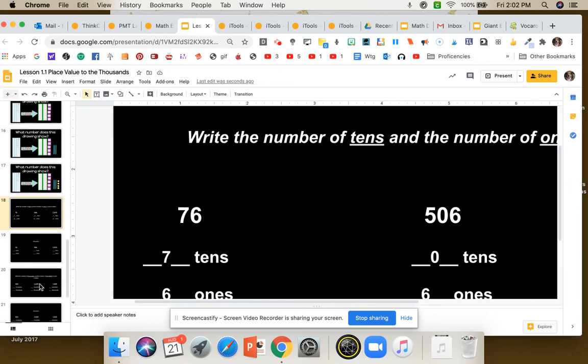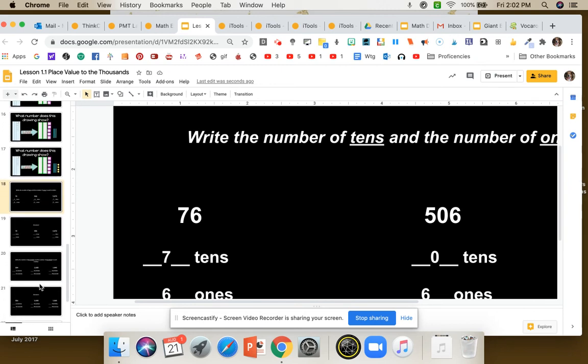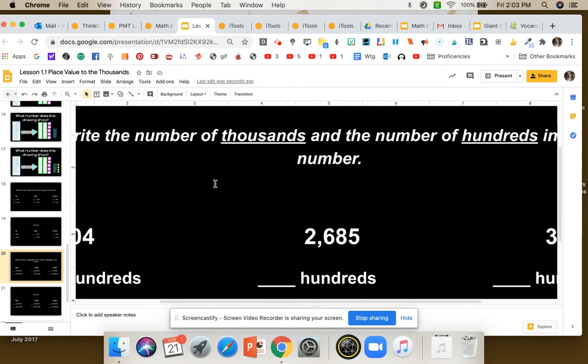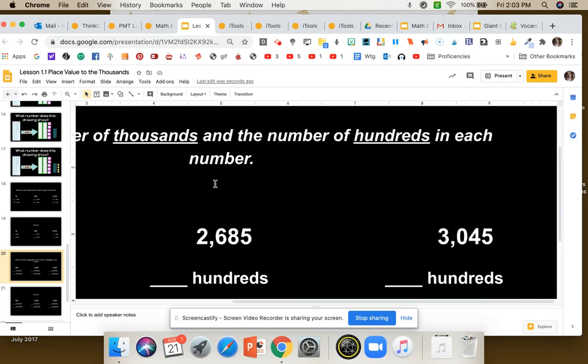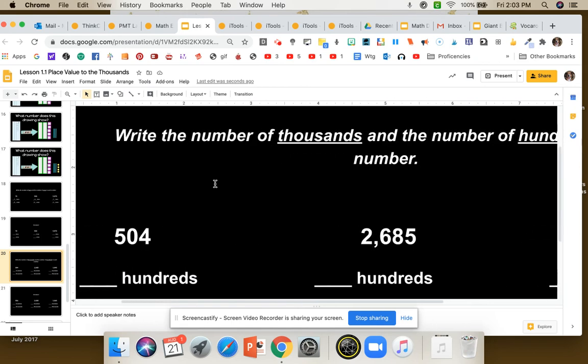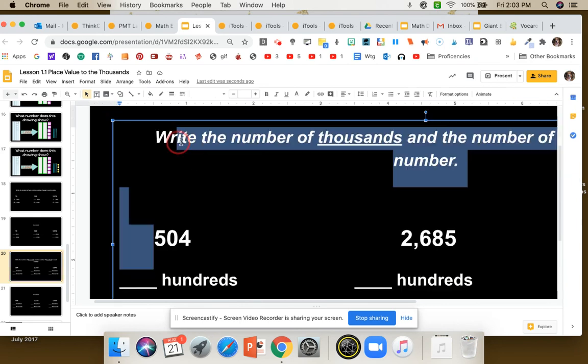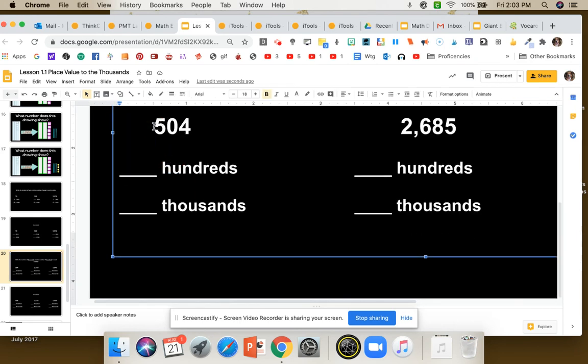Okay, let's do our next one. Write the number of thousands and the number of hundreds in each number. So if we look at 504, we're thinking about hundreds.